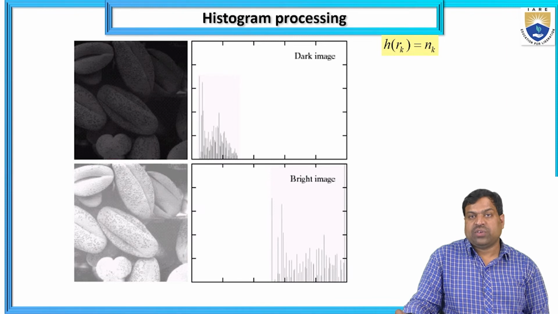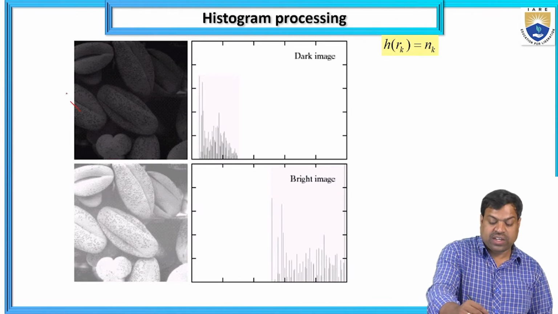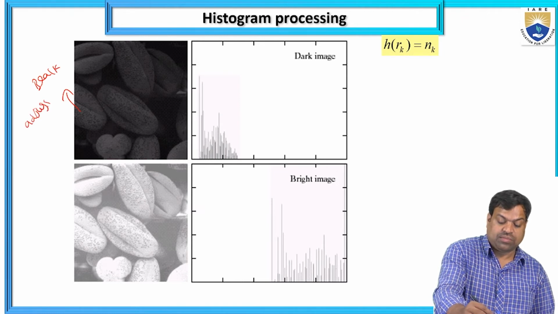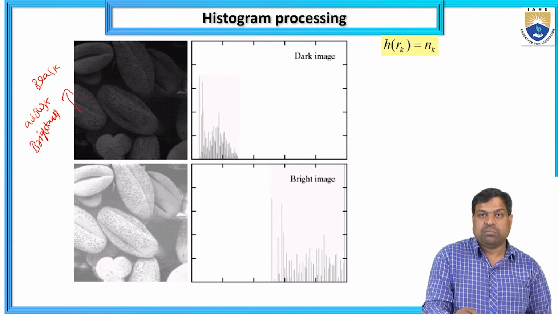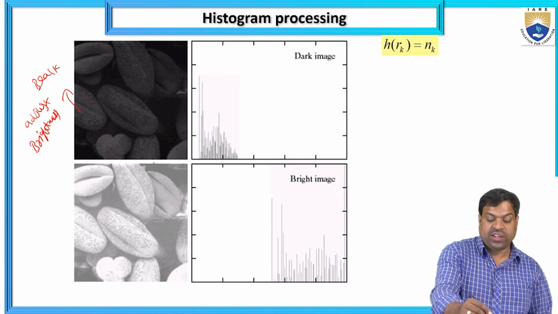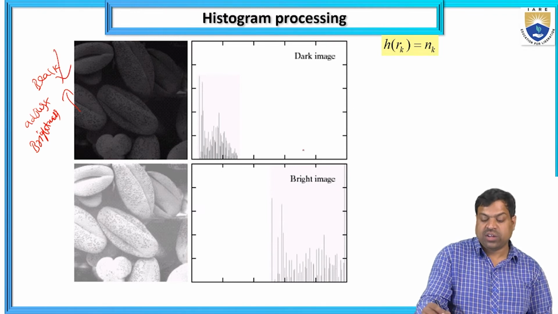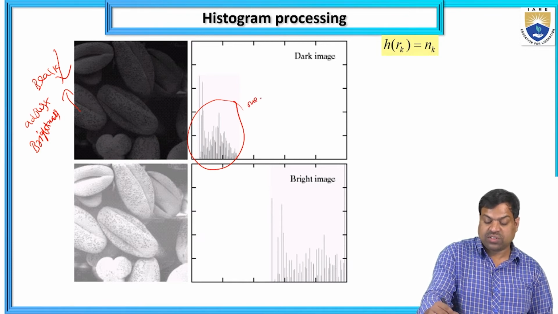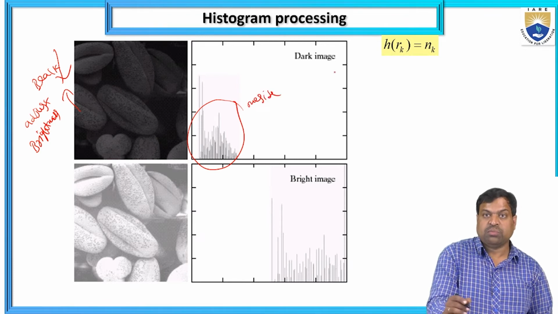It is another one. Here the heavy black, so we have to adjust the brightness. Blackish is very high, so we have to decrease the black. Here only one side of the graph is there, meaning black is high.